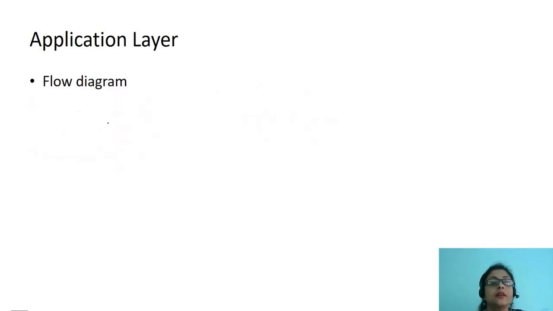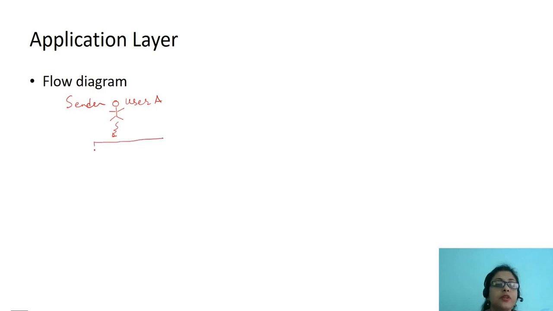Let us understand the flow diagram. Let's see that this is a user A and we consider it to be a sender. So this user A resides at the sender computer. It has some data to send.